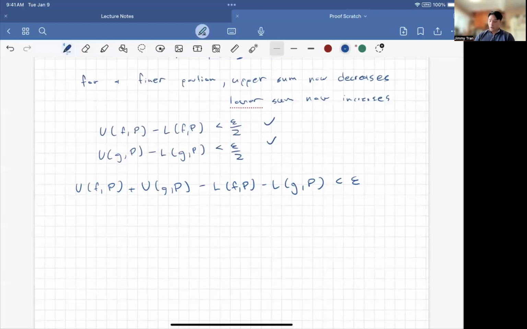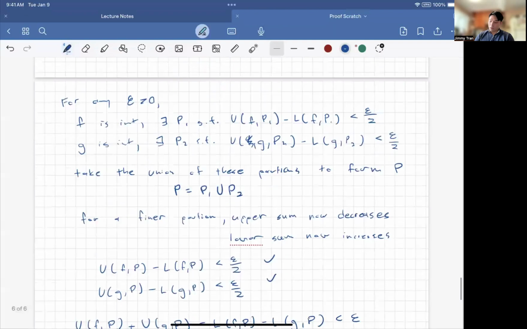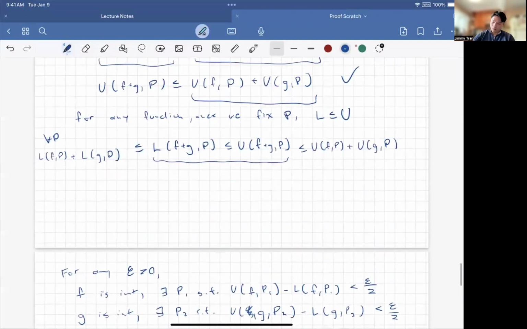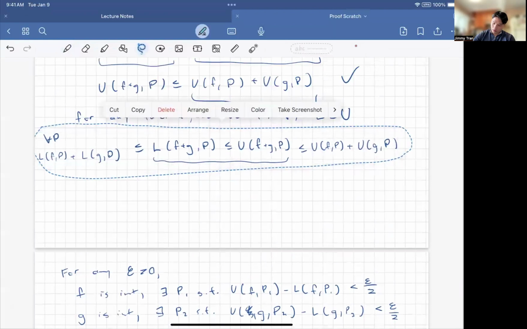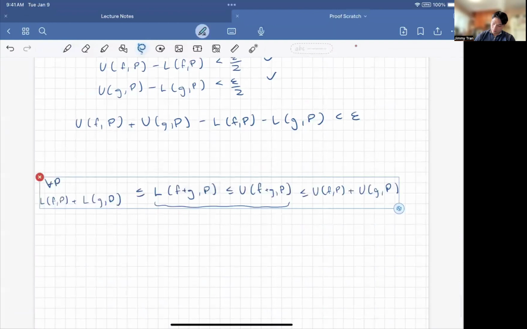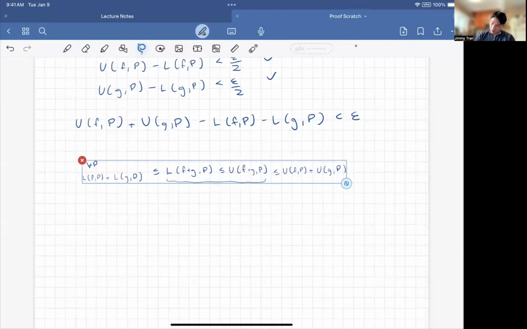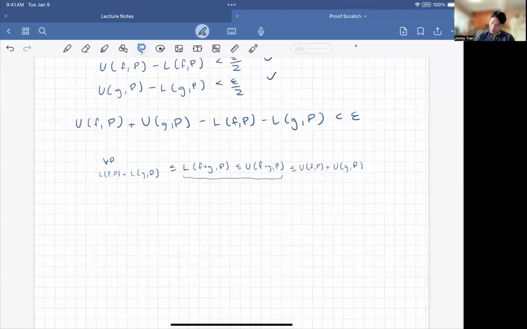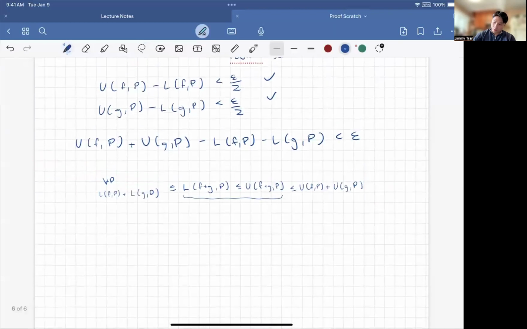Okay, so now that we have that, we can go back to our previous inequality that we had here. So let me go ahead and copy that. Paste it here. Based on what we know about these inequalities, given that they are less than epsilon for some epsilon greater than 0, we know that the difference between this and this here is now less than epsilon.